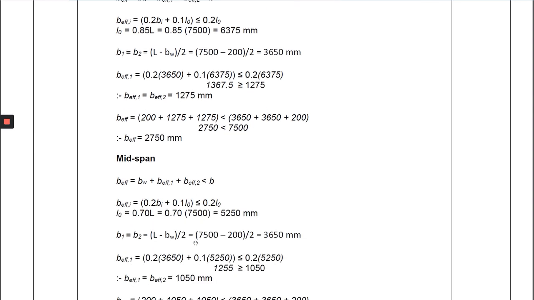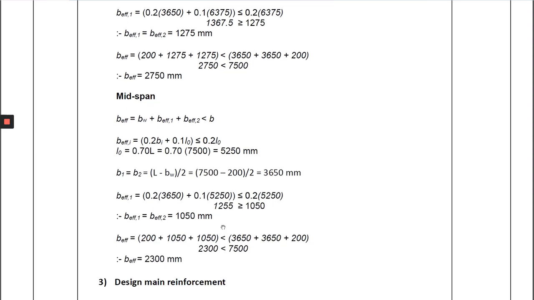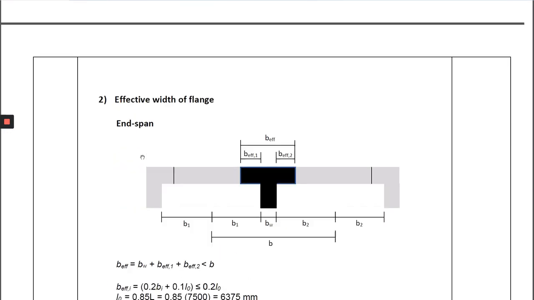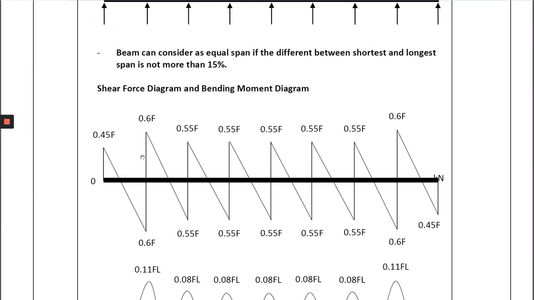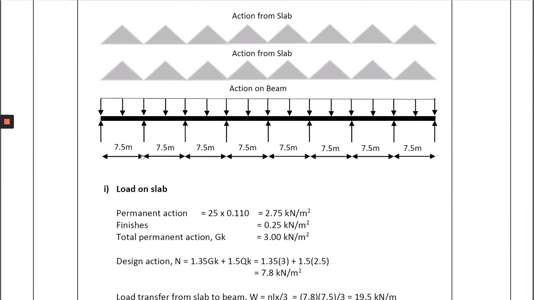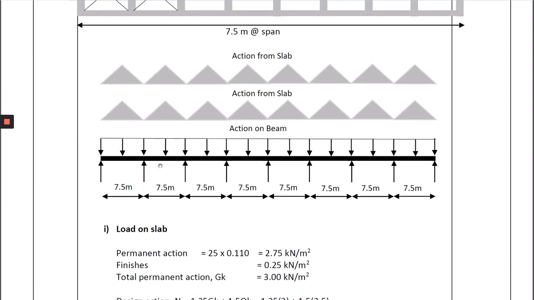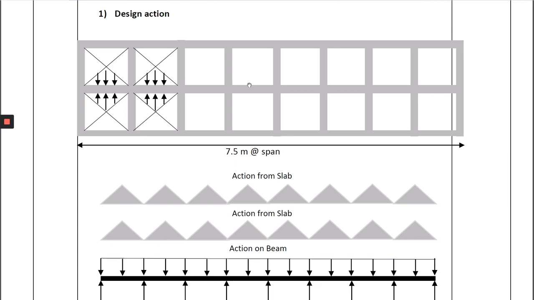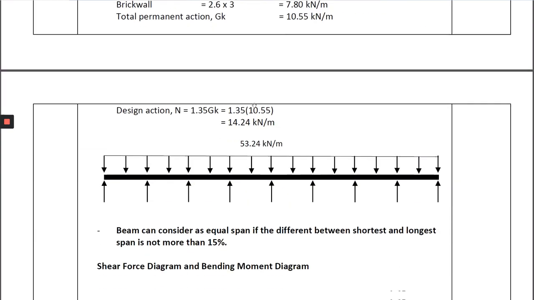At the midspan, you have to repeat the same steps, except that the L naught here is different, because we are going to calculate for this beam, the rest, which is 1 2 3 4 5 at the mid span, while this one is at the end span, so the value is different.